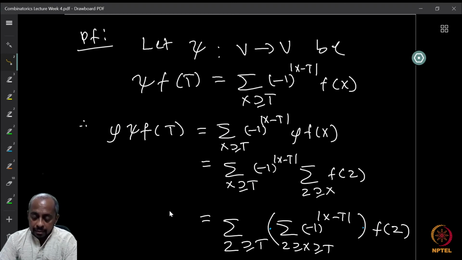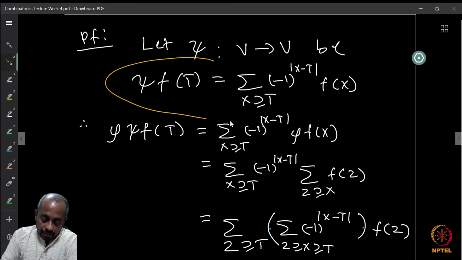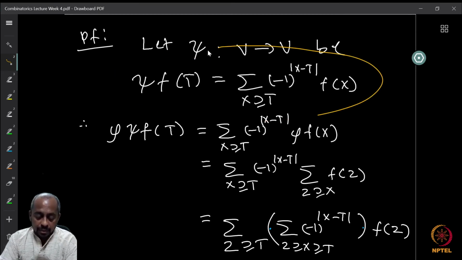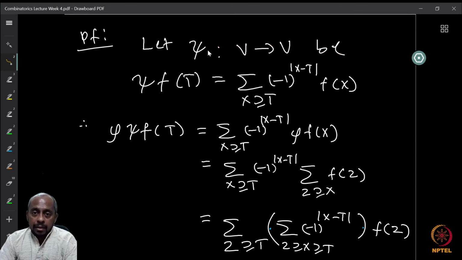Let's say psi maps from V to V, with psi of f of t equal to the summation over x containing t of minus 1 raised to mod x minus t times f of x. So this is the definition of psi. Now we show that psi is the inverse of phi by multiplying them together and seeing that it returns identity. So what is phi psi of f of t?